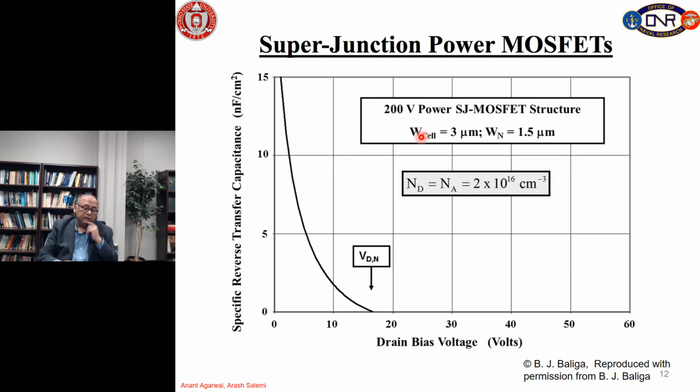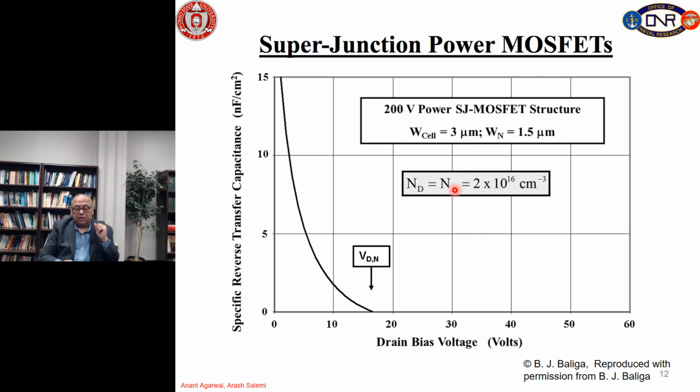And that is shown here. You can see that the reverse capacitance, which is CGD for the superjunction MOSFET structure, where the P pillar was 1.5 micron, N pillar was 1.5 micron, total pitch was 3 micron, but we were only showing you half the structure.